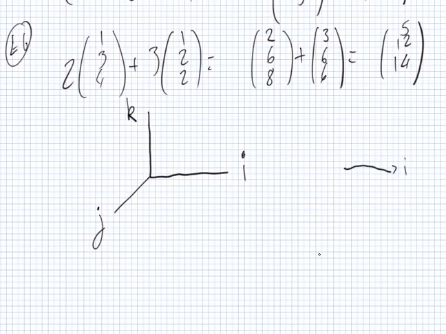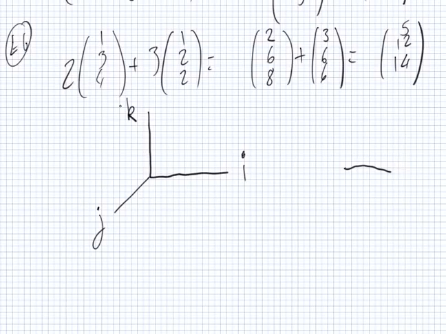Because if you think about it, we also use the letters X, Y, and Z. And the reason is, normally when we're talking about 3 dimensions, we always picture in our head the ground as being the XY, the IJ plane, and the Z, the K, is this extra dimension perpendicular to it. So that's why the K is going up and the I and J is going along the ground.